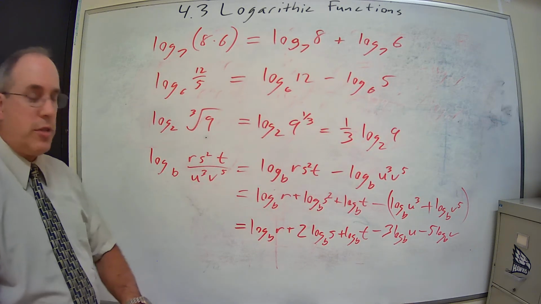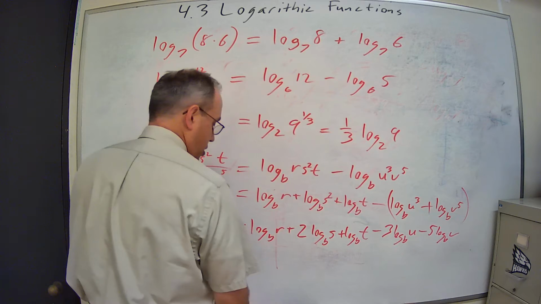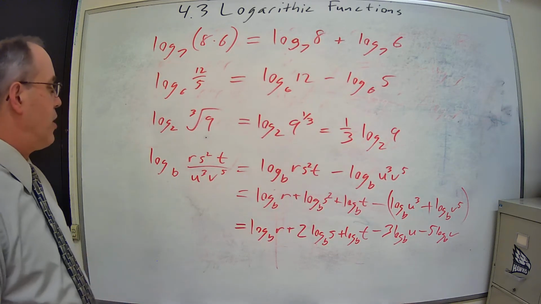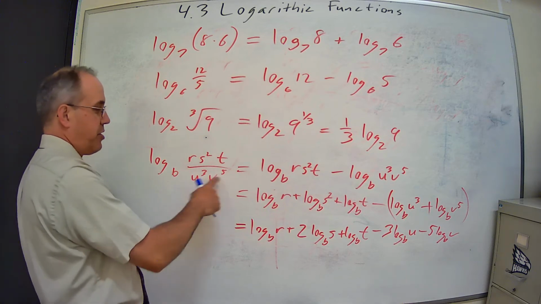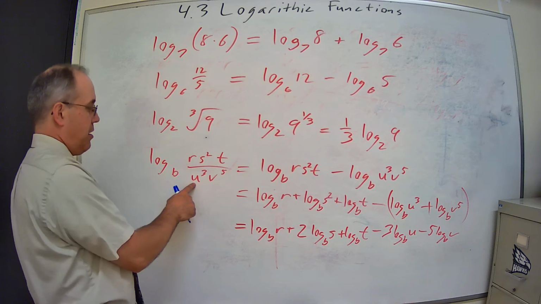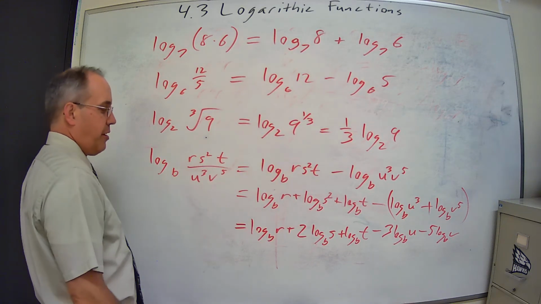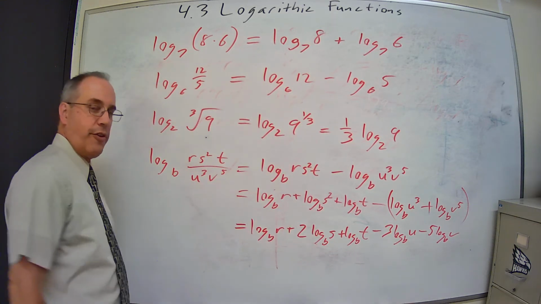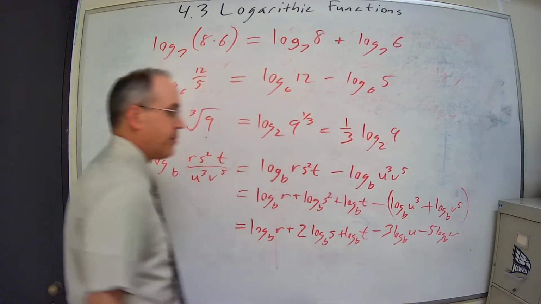Now I will point out that we could have done this a little bit faster if we just realized that because of the distribution that happens of that negative sign, anything in the numerator is going to be added, anything in the denominator is going to be subtracted.